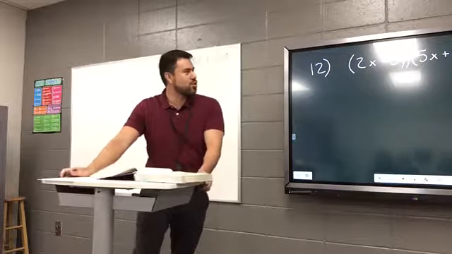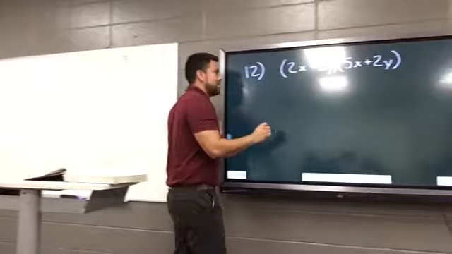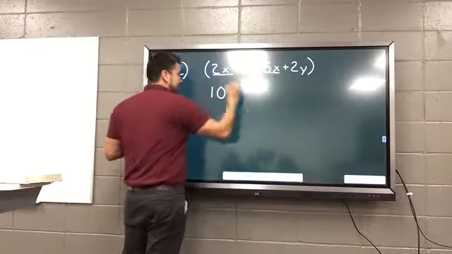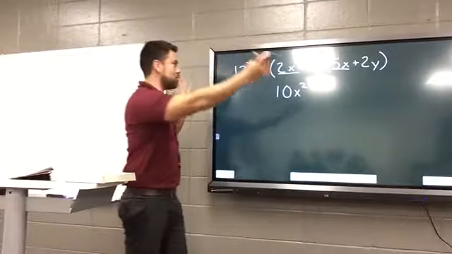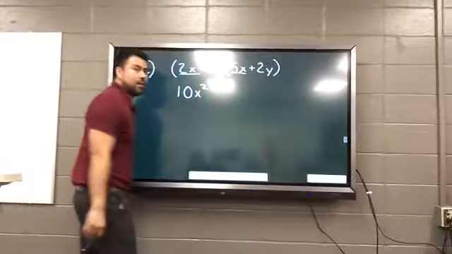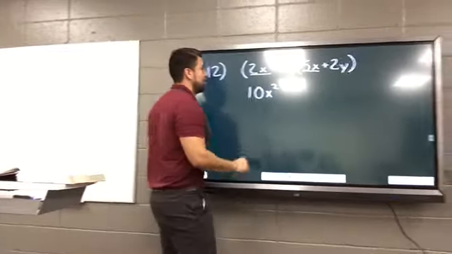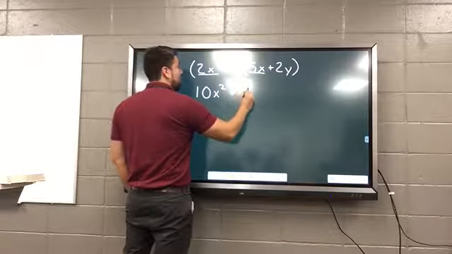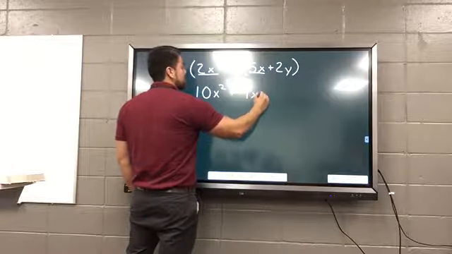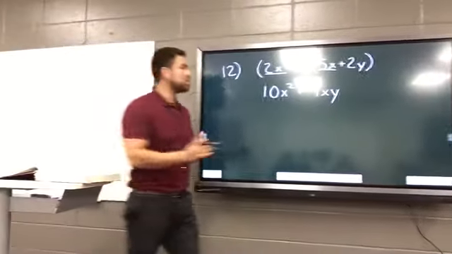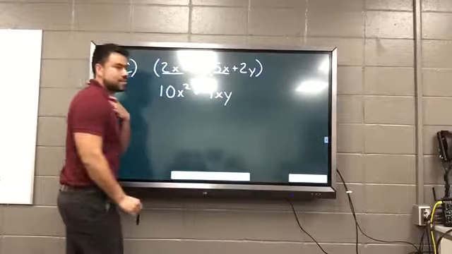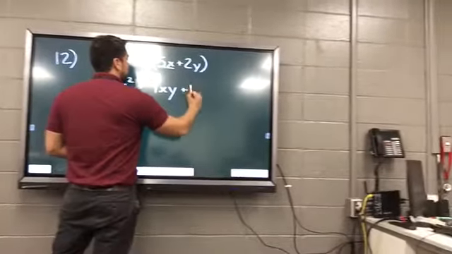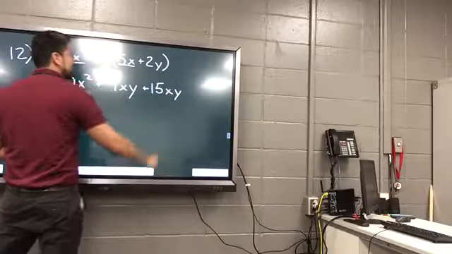Okay, Jack, the first term's multiplied. Give me 10x squared, because 2x times 5x, 10x squared. The outside terms are 2x and 2y, which multiply to give me 4xy. The inside terms, which are 3y and 5x, multiply to give me xy or yx.